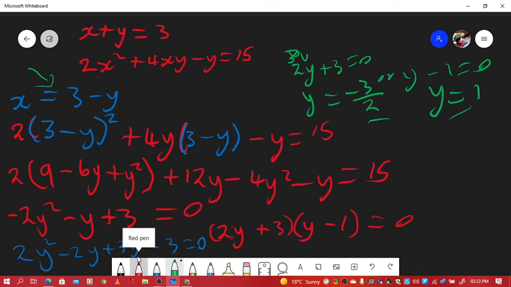So to substitute it back, we would say it's 3 minus y, where y is 1. So our first x value, we have x equals 2, then 3 minus, for another one, we're going to have 3 minus into minus 3 over 2.